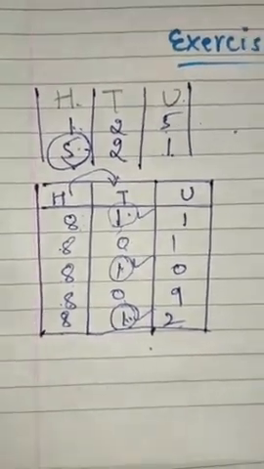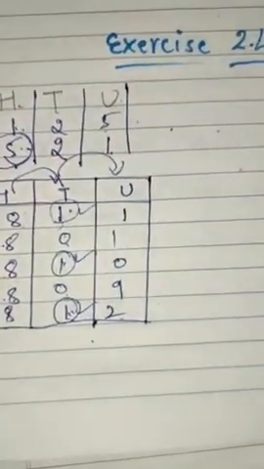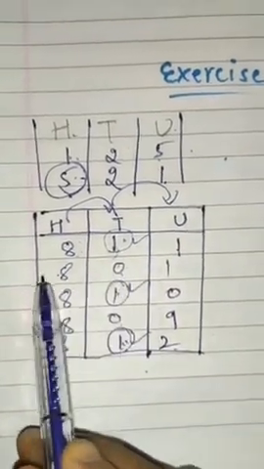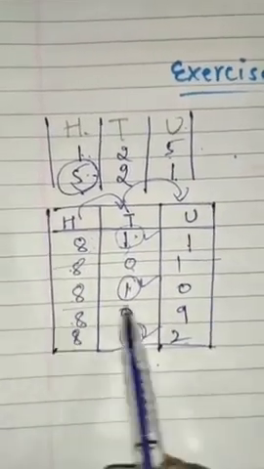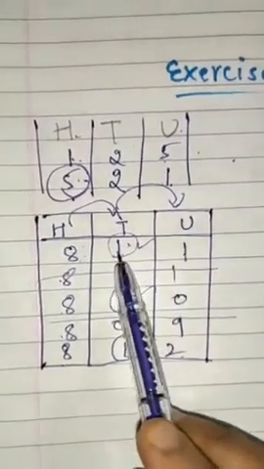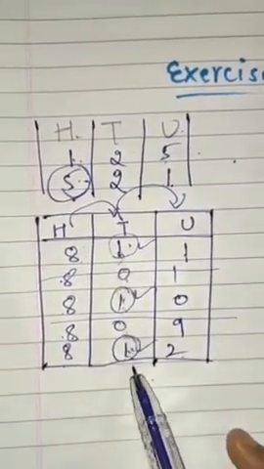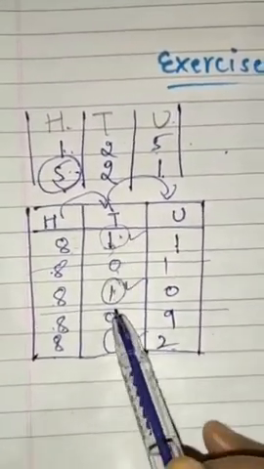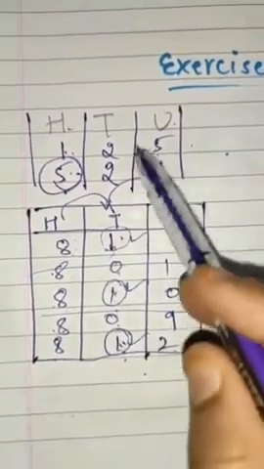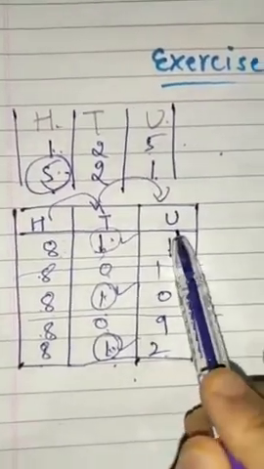So let's move to the next place, that is the unit place. Already we have done with these numbers. Here 1, 1, 1, so we can't say which is the biggest. So we move to the unit place.